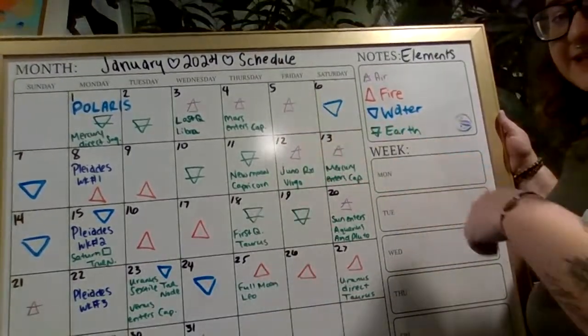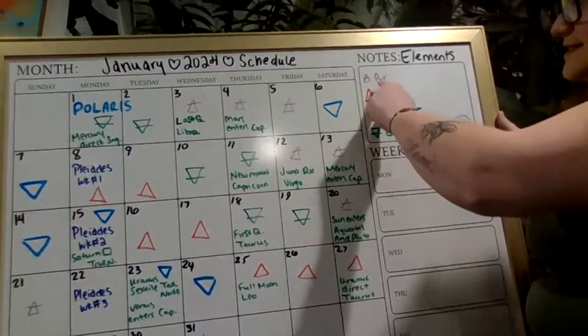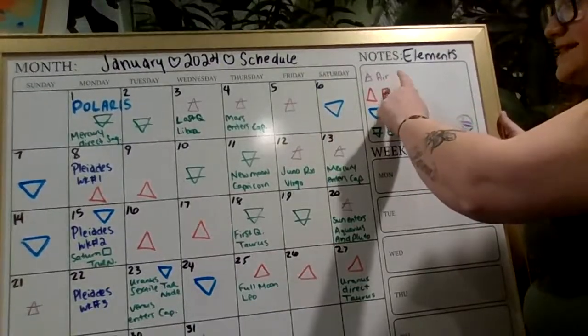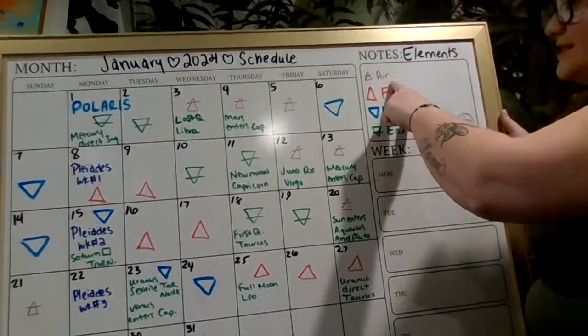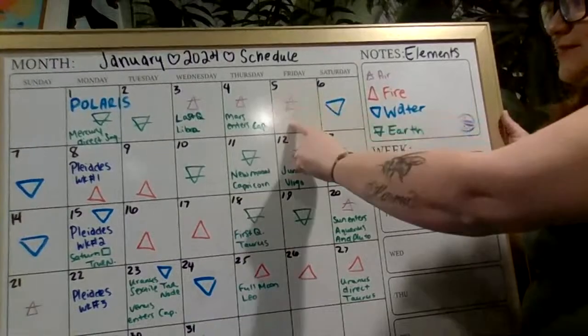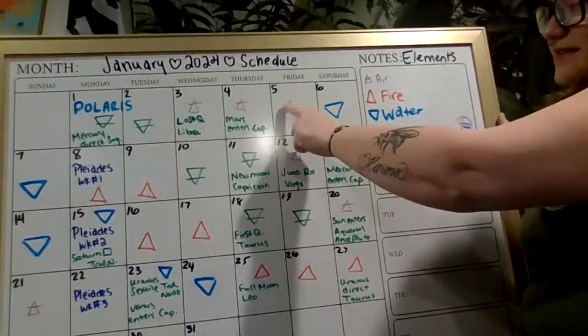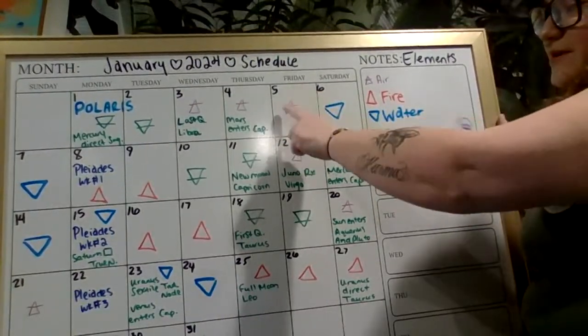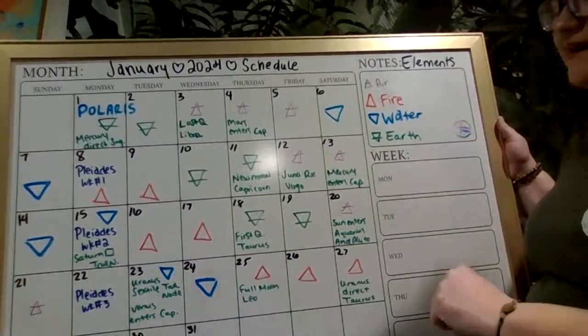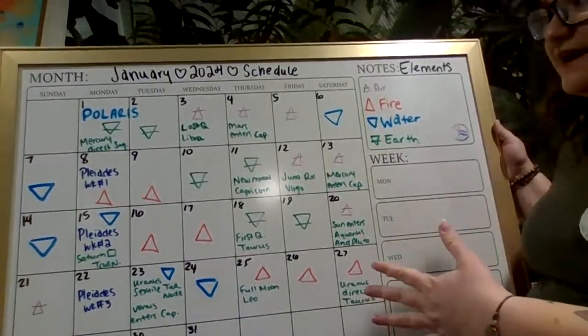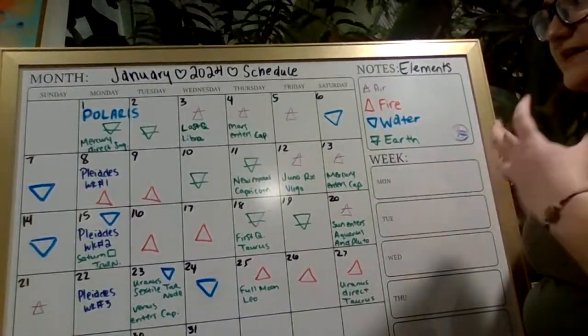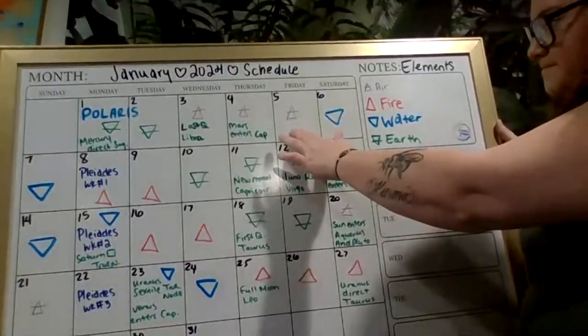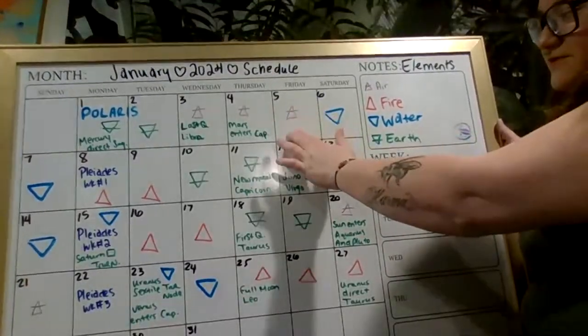It's not as bright as the other colors, but this is symbolizing air. And this is the shape of the air element, with a line at the top. It's facing upward with a line through it.